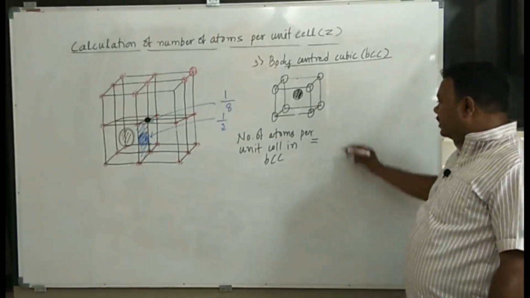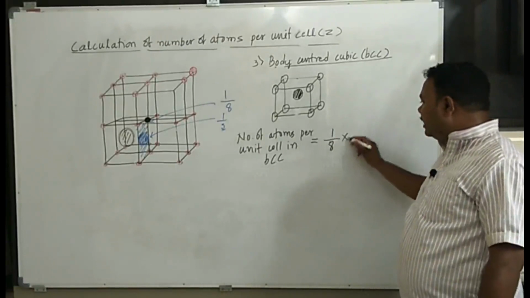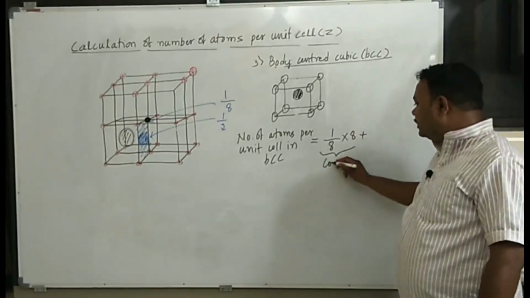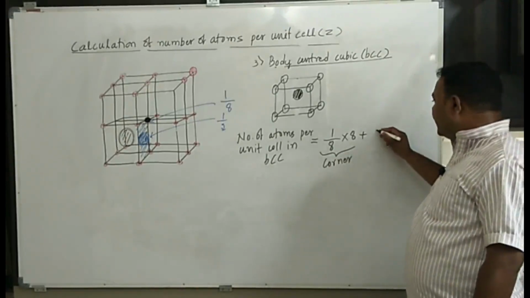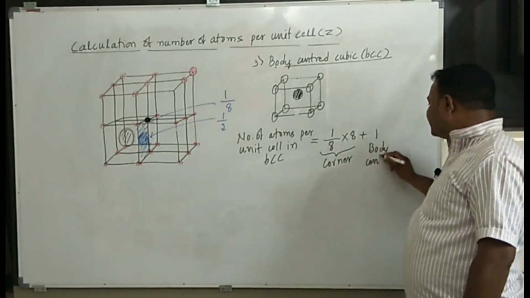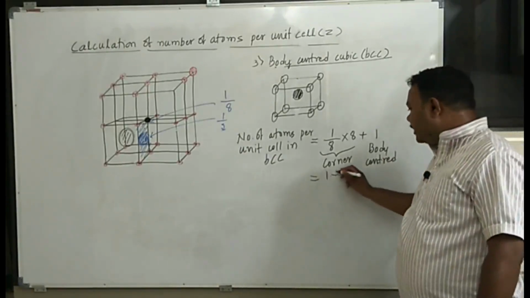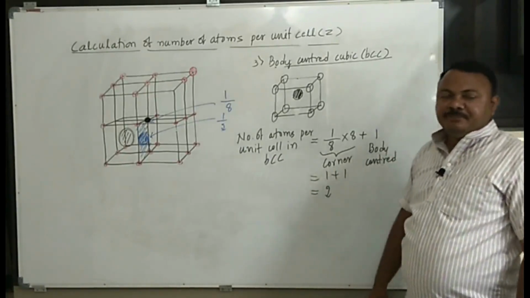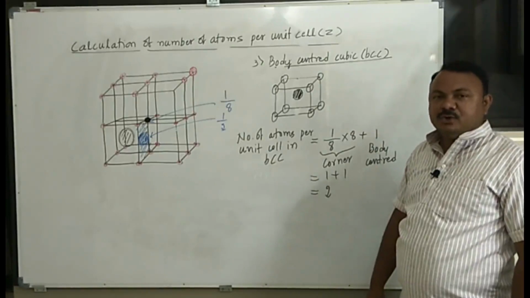It's very easy. Corner contribution is once again 1 by 8 into 8. Now to this I add 1, because this is the contribution made by the body-centered particle. Simplifying, we get 1 plus 1, which is 2. So in BCC the number of atoms per unit cell is equal to 2.